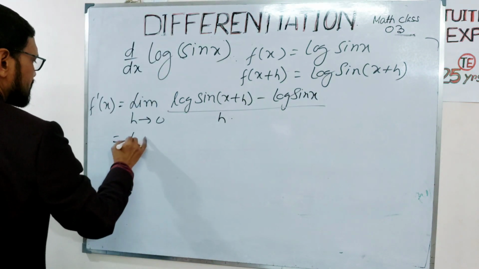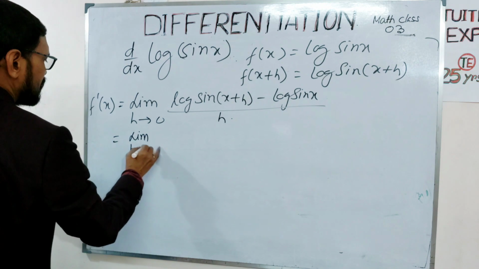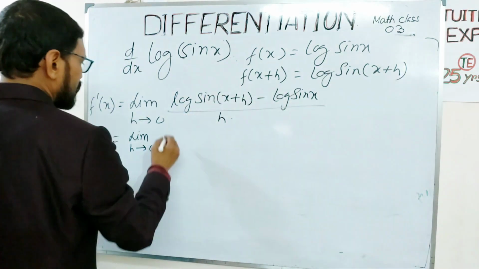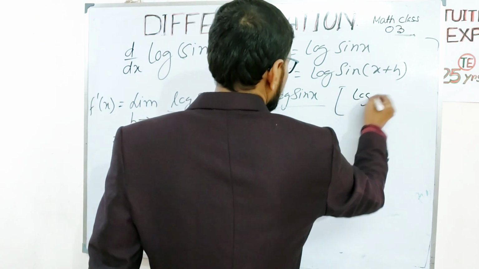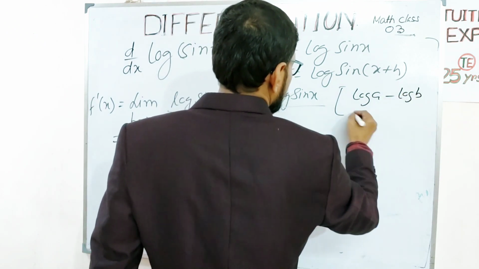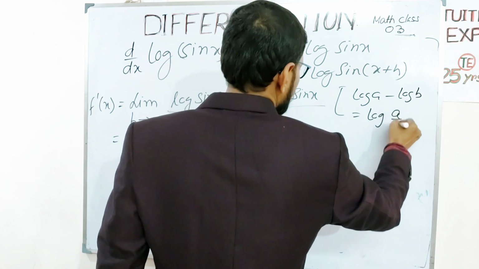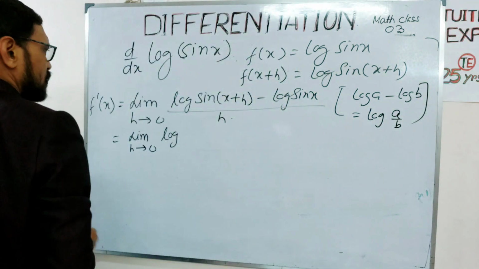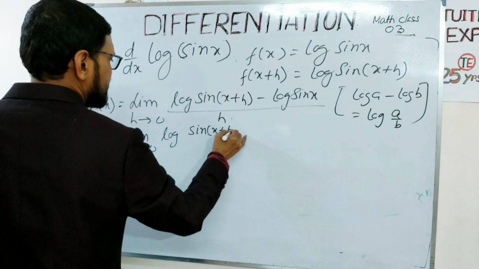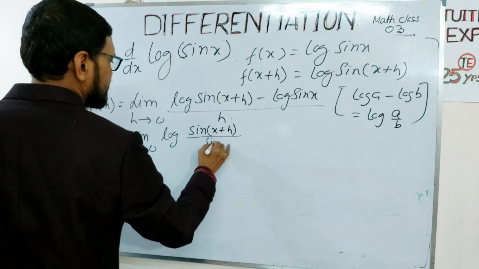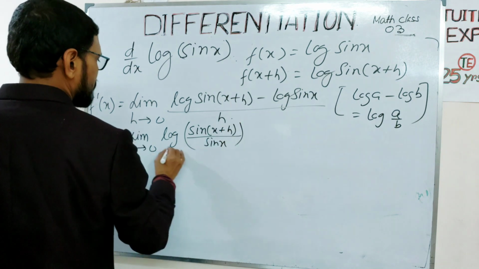Now this becomes limit h tends to 0, and we put the formula log a minus log b equal to log a by b. So log of sin (x plus h) by sin x, by h.